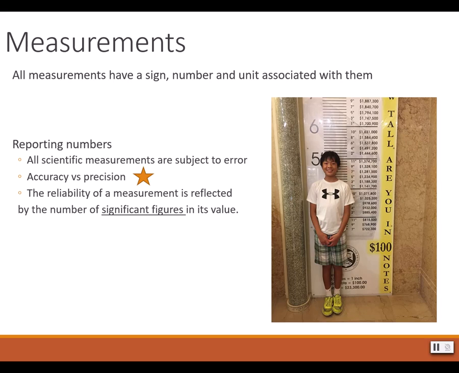We tend to use them as synonyms, but they actually mean two different things. Accuracy speaks to how close a value is to a known, true, accepted value. Precision deals with the concept of significant figures in a number.